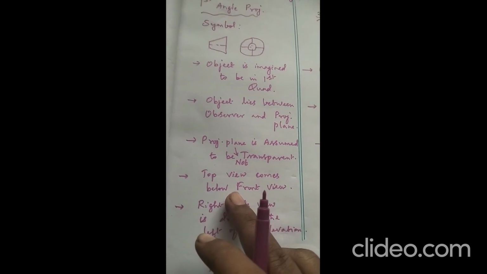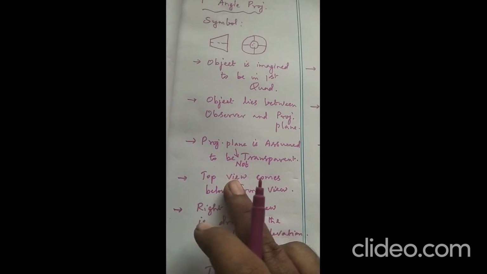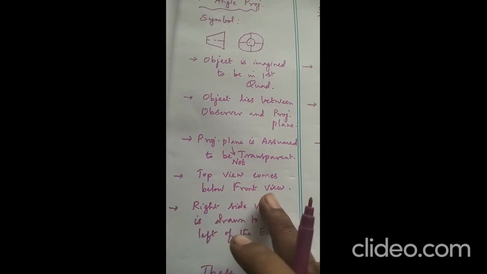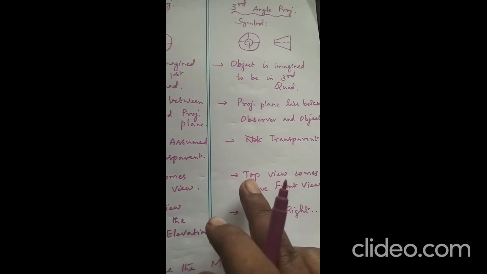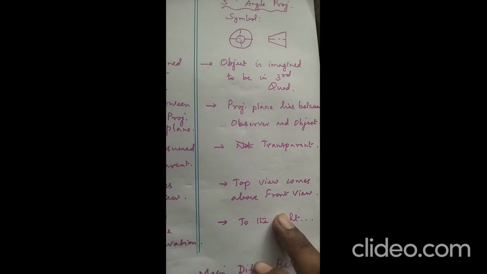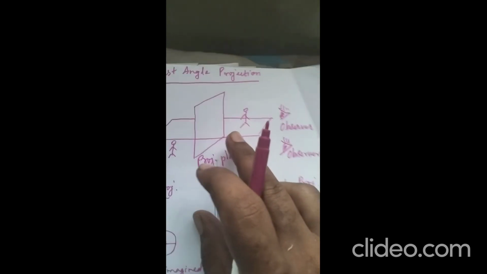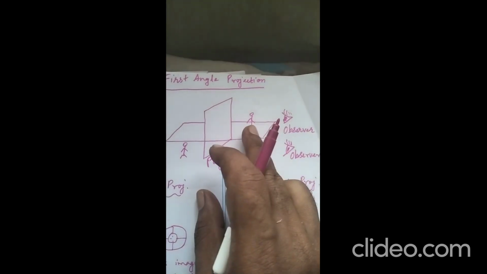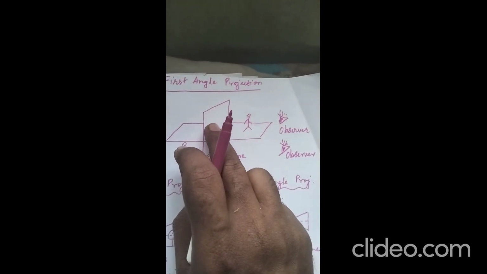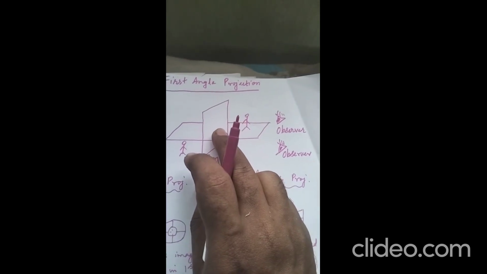As a continuation, the next difference: in the case of first angle projection, the top view of the object comes below the front view, whereas in the case of third angle projection, the top view comes above the front view. First of all, we should understand what is top view and what is front view. If the observer sees like this from right to left, the shadow of the object lies on the plane like this, that is the front view.